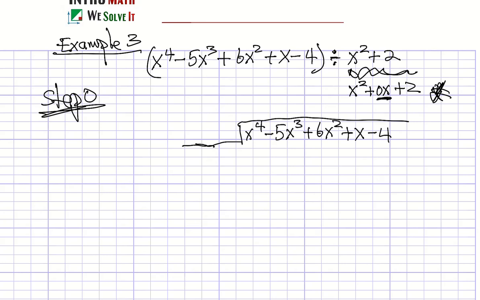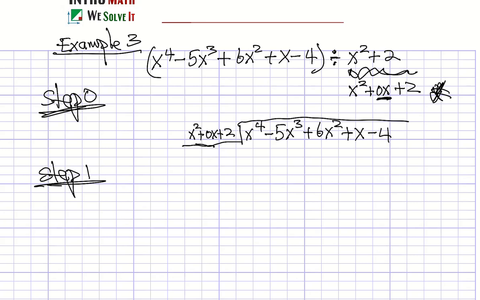And then you put this here: x raised to the power 2 plus 0x plus 2. You will see why that 0x is useful. So once you get stuff prepared, you're done with step 0. Then you go to step 1.